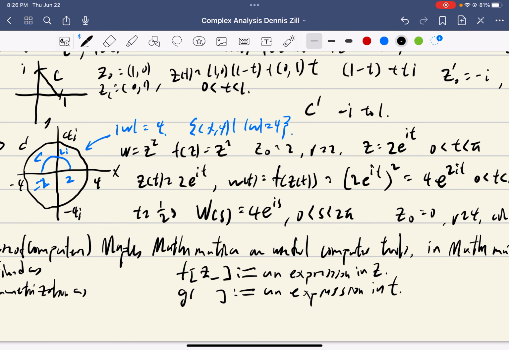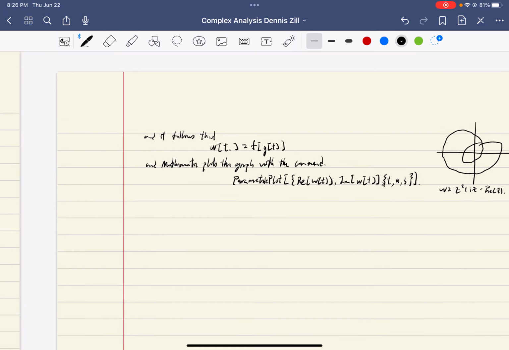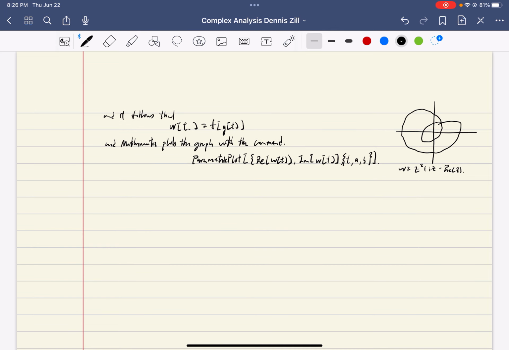That is really just t underscore, an expression in t, right? And it follows, if we want to find w of t, we can just plug g of t into the f, but it uses these medium brackets, right?